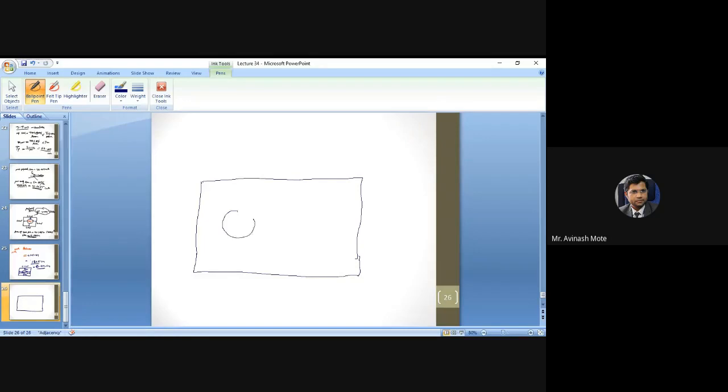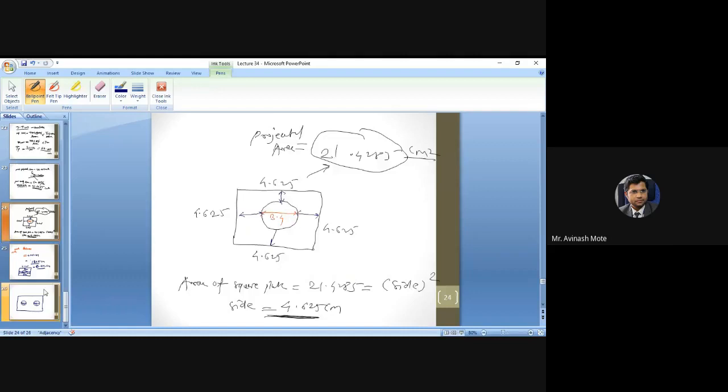This will be one cavity, and this will be another cavity. Some assumptions are possible here. This is 3.4, and this is 3.4. So we have calculated for the single cavity.